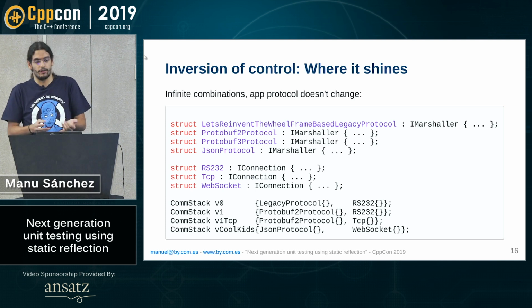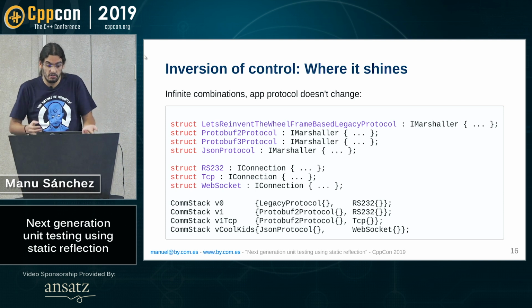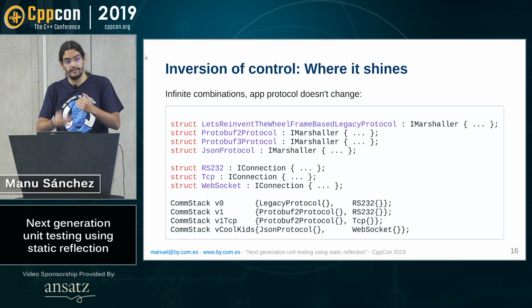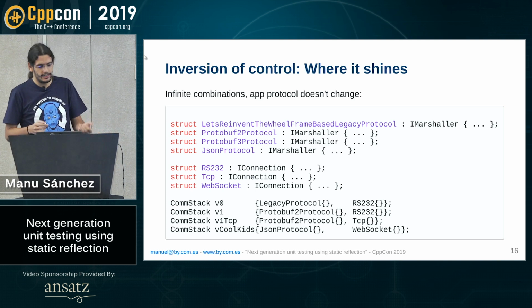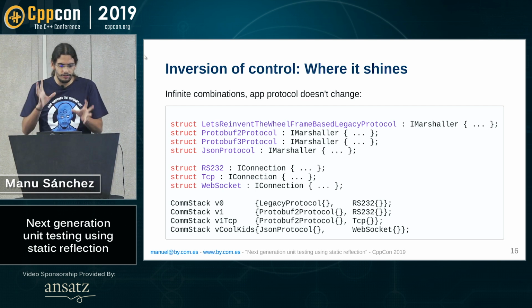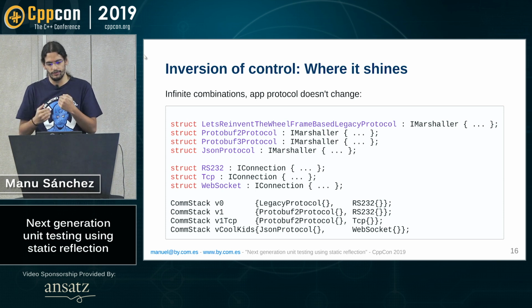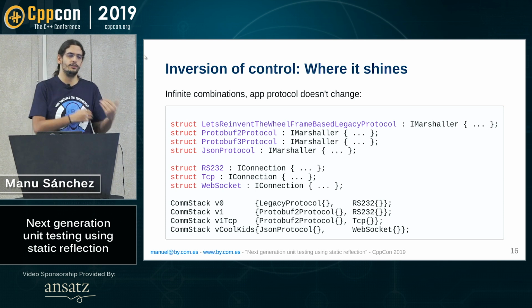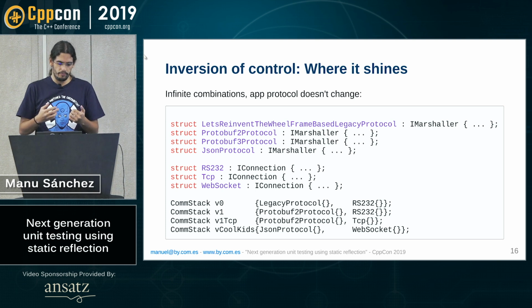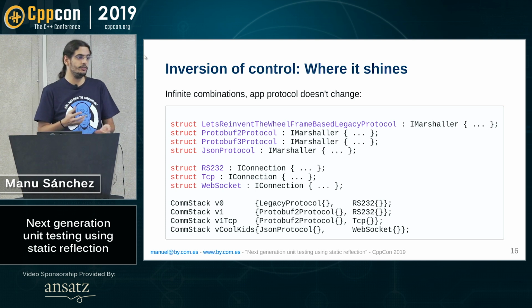You could have a protocol buffers 3 application, or you could have a JSON protocol, whatever. And at the same time, you could have a serial port communication socket, a TCP socket, a web socket, whatever. And you can combine those two modules, the marshaller and the connection, to implement every combination of deployment you could have in your devices.